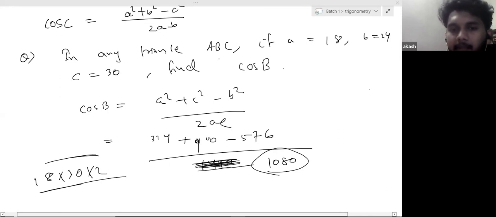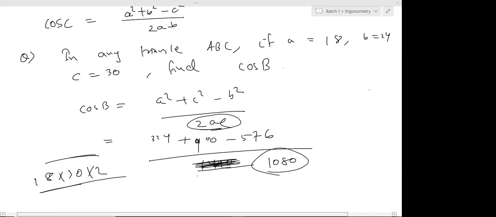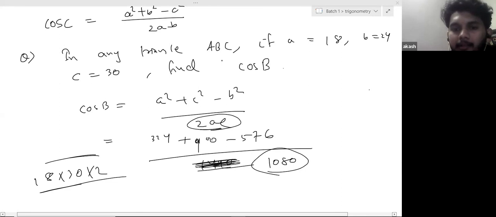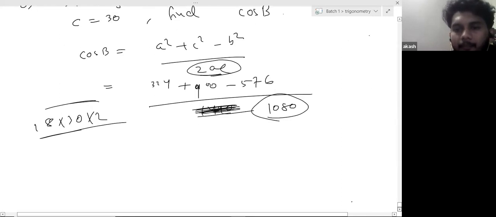You cannot just subtract and tell the answer. Gautam, did you forget this 2ac part? Yes, sir. All right. So you can add, subtract, and divide, then you will get the answer. I hope this is clear. No doubts here.